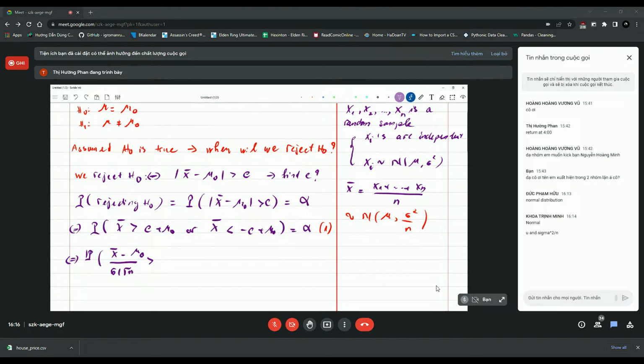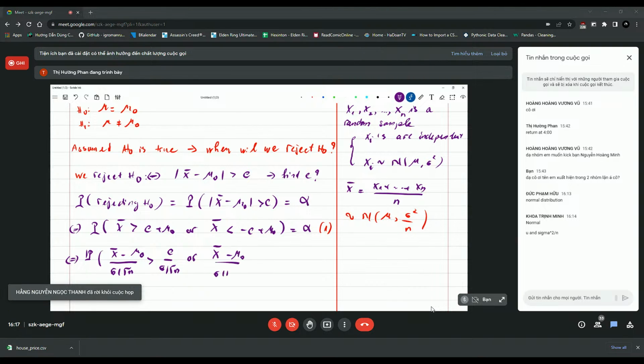Hence, I rewrite mu 0. And on the right side, c plus mu 0, we consider minus mu 0 over sigma square root of n. Hence, we only have c over sigma square root of n. Or S bar minus mu 0 over sigma square root of n less than minus c over sigma square root of n, equals alpha.